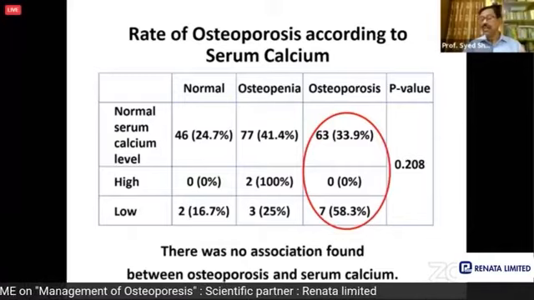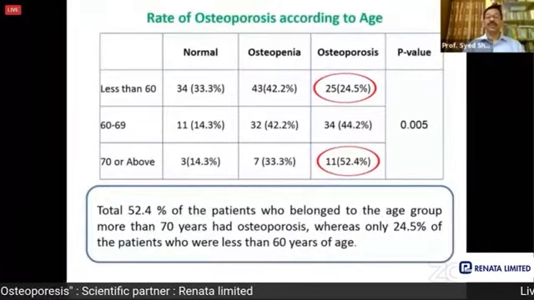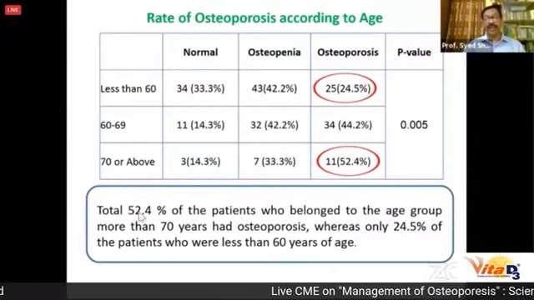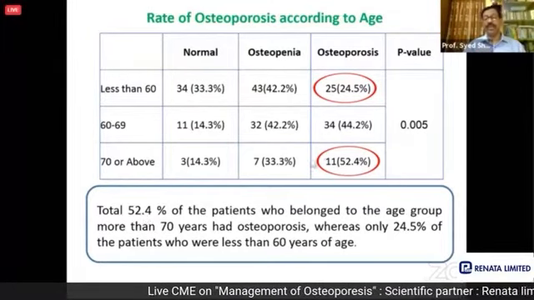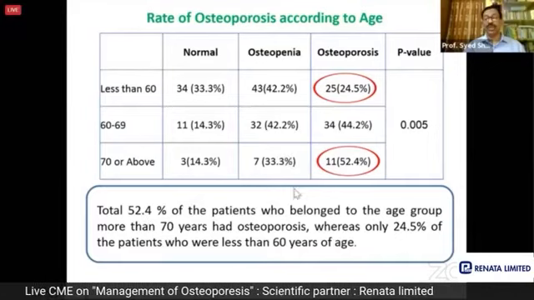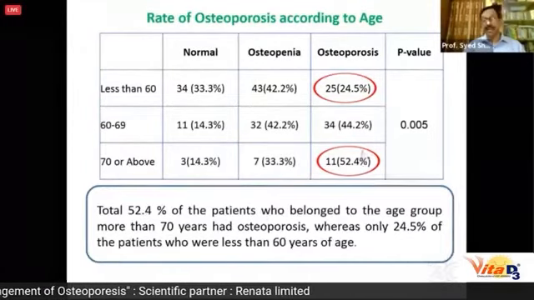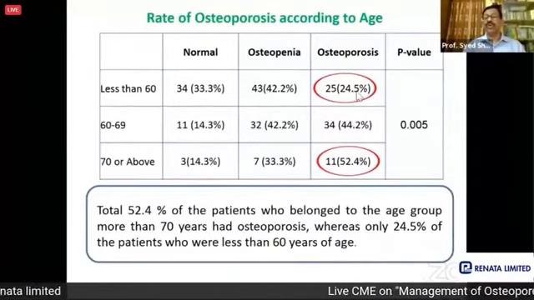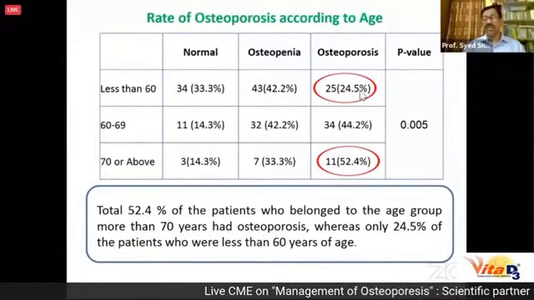This is interesting to me. Regarding the rate of osteoporosis, 52.4% of patients who are more than 70 years of age developed osteoporosis, and less than 60 years, 24.5%. So this is good news.